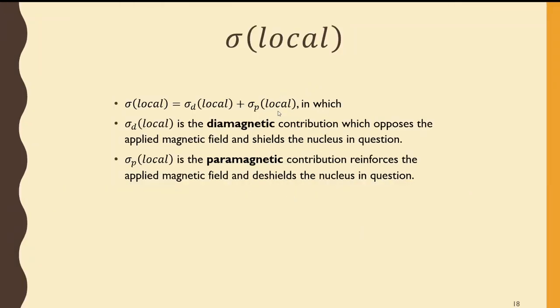On top of that, there's also the diamagnetic contribution, which opposes the magnetic field and hence shields the nucleus, and you also have the paramagnetic contribution. I'm not going to talk about this in detail, but I just want to share this information so that you know, if you want to know NMR in depth, especially if you're doing really thorough work on NMR, this may be useful.